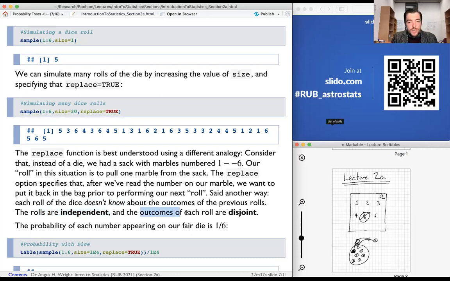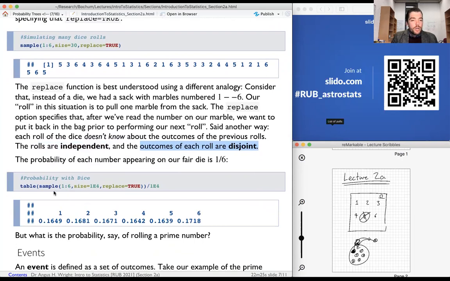The outcomes of those rolls are also what are called disjoint. Disjoint is a term that means independence when you're talking about collections of outcomes, which we'll talk about in a second. So if we now roll our fair dice 10,000 times, and we replace it every time because the trials are independent, and we look at the probability of rolling each number, then you have essentially an equal probability of rolling each number of a fair dice.